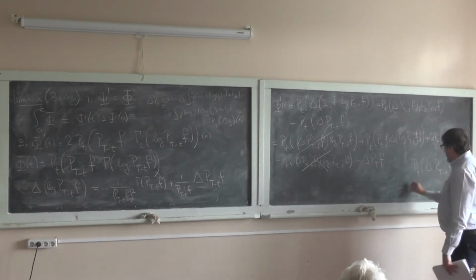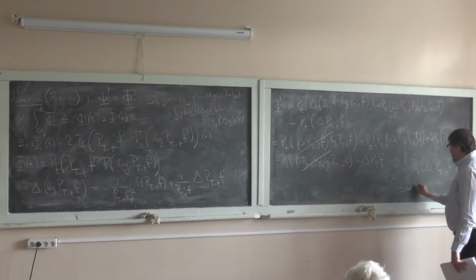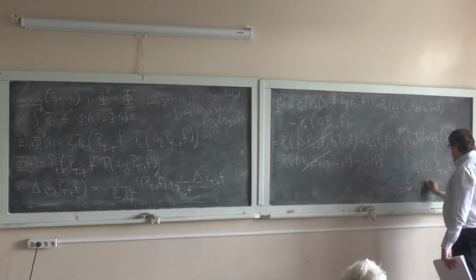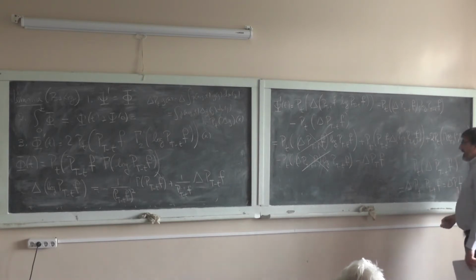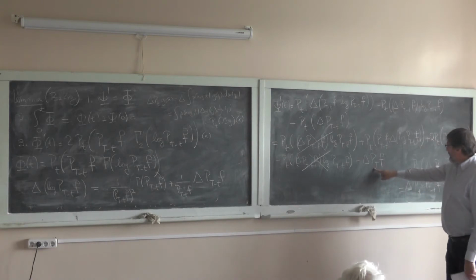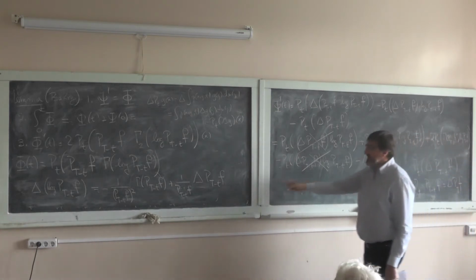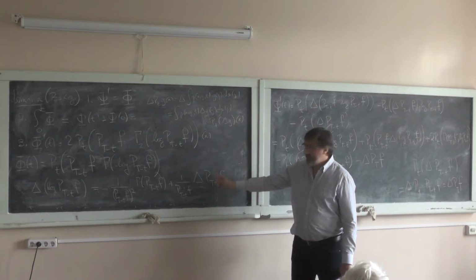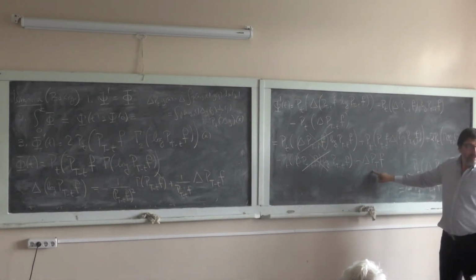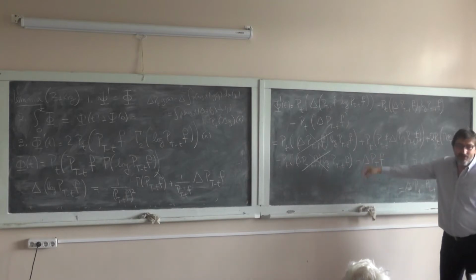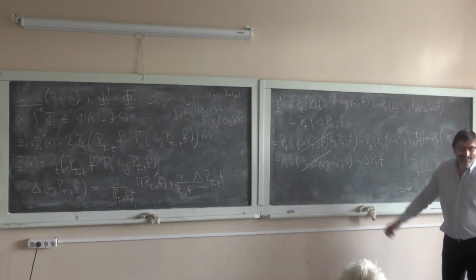Again, Laplacian and pt commute. This is the Laplacian of p minus t f. So this is the Laplacian of pt f. I have minus Laplacian of pt f, so this term cancels. This term is cancelled by this one. Okay? So allow me not to write everything, otherwise you will fall asleep if I write everything.